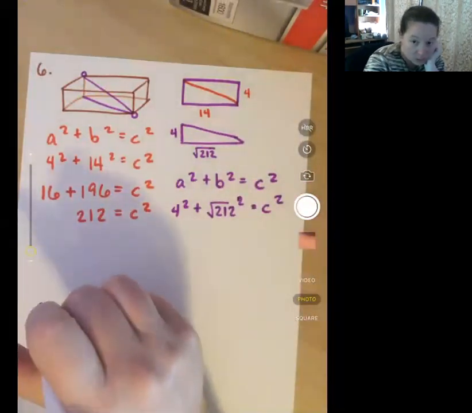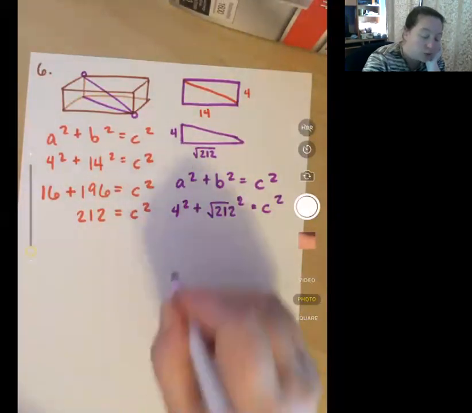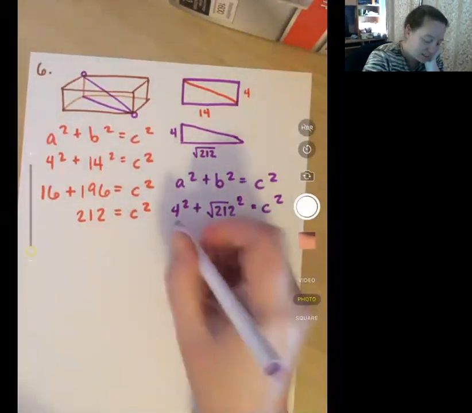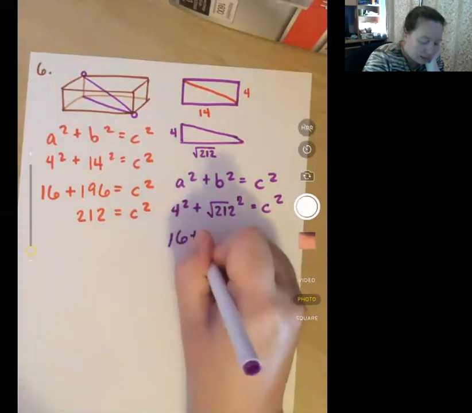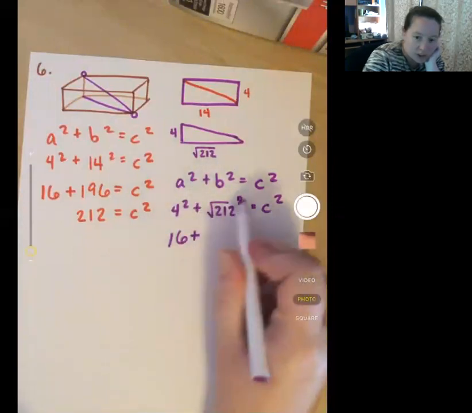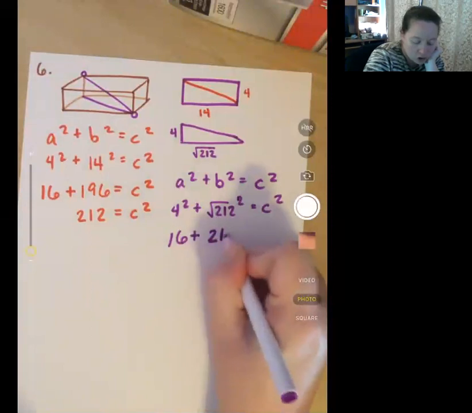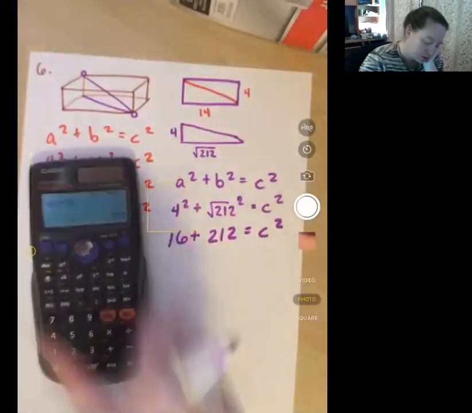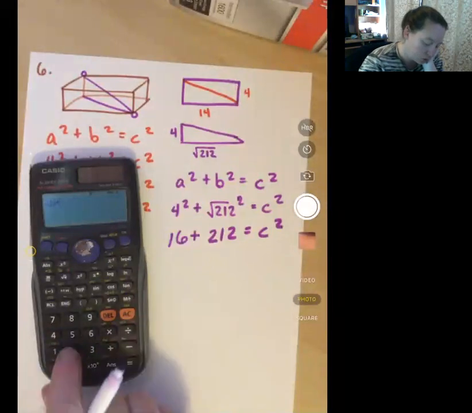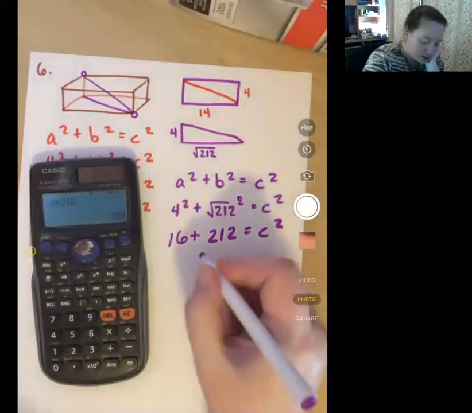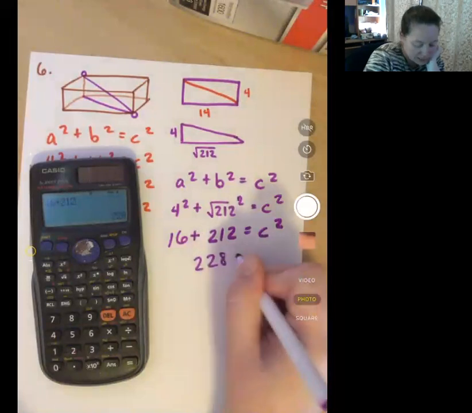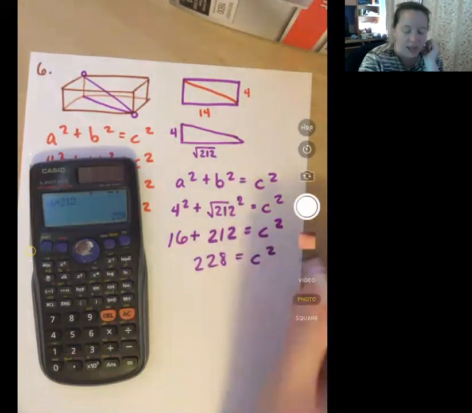I don't know what C squared is yet. What is 4 times 4? 16. Plus, remember, square root and squared cancel each other out. 212 is equal to C squared. So let's go 16 plus 212 gives us 228 is equal to C squared.